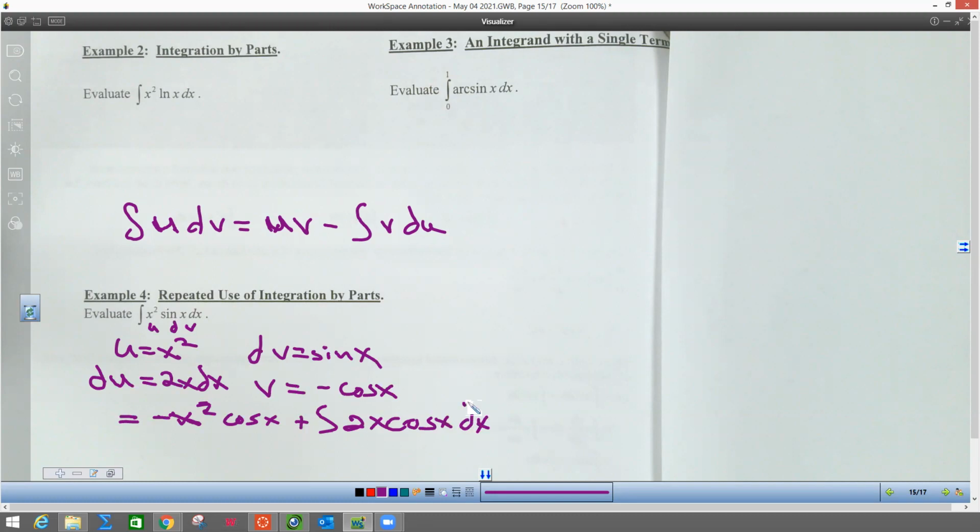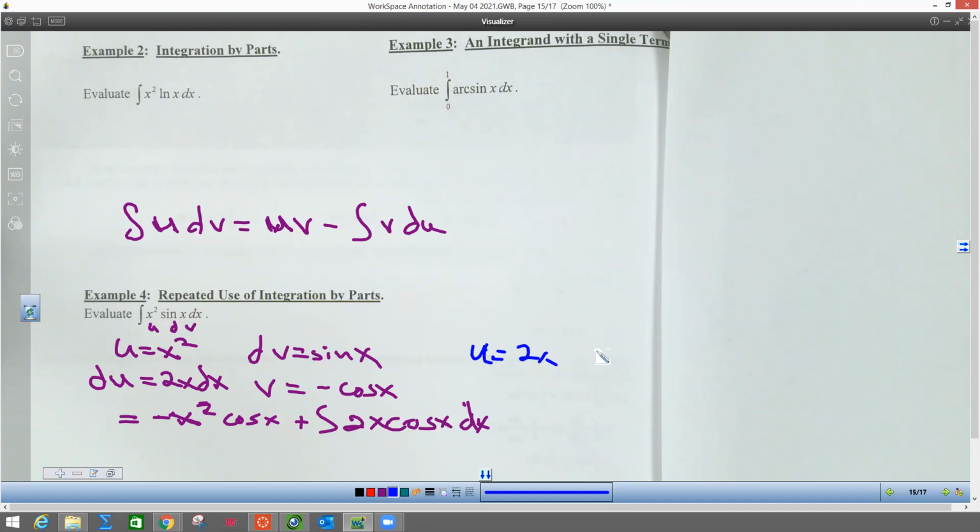Okay, so now we still have a product here, just like this. So what that means, and this happens sometimes, is that we've got to go back and do this whole thing again using this part. So now I'm going to use a different color here. I'm going to let the u equal the variable part again.